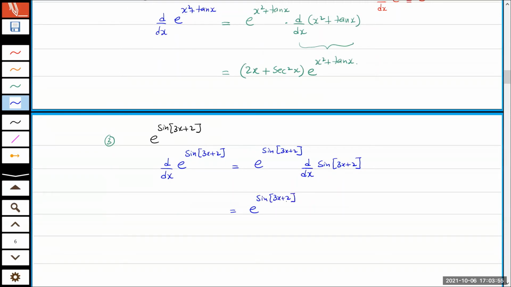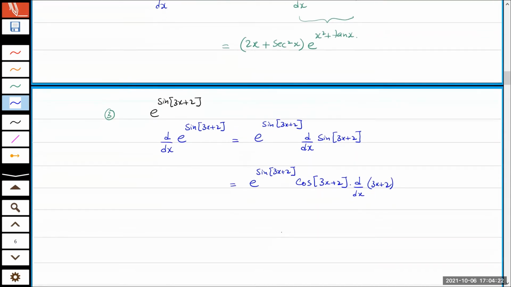Now when I look at the derivative of sine of 3x plus 2, the first thing that we see is the sine function. So I write cosine. I do not touch what's happening inside, 3x plus 2. But then I apply the chain rule again, and take the derivative of 3x plus 2. First we dealt with the exponential, then we dealt with the trig function, and now we are right down to the last part, which is the derivative of 3x plus 2, and that is equal to 3.